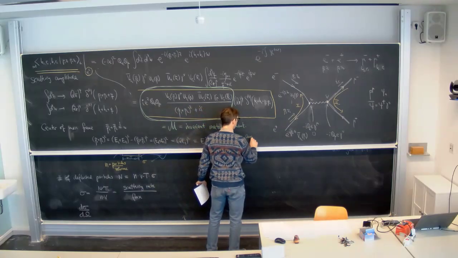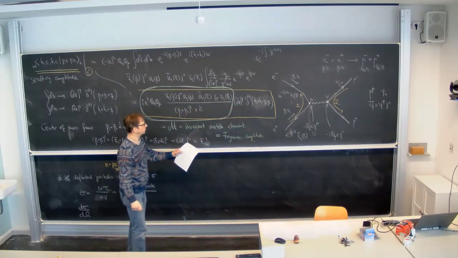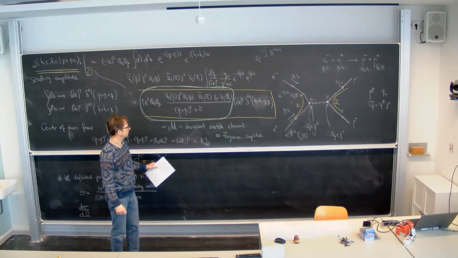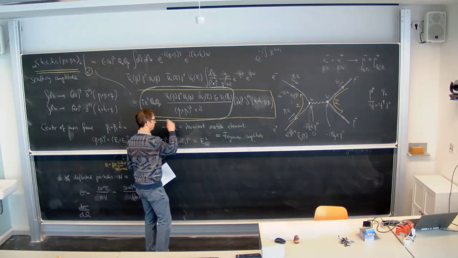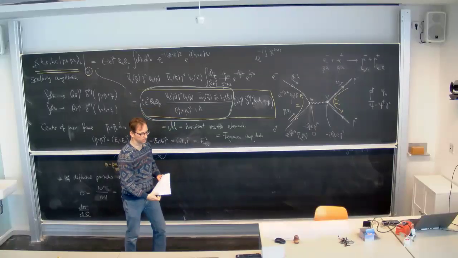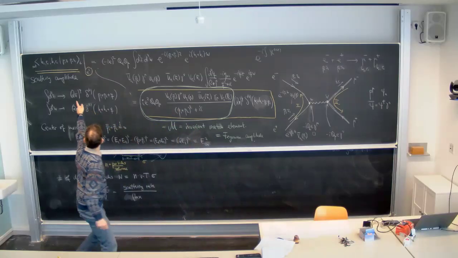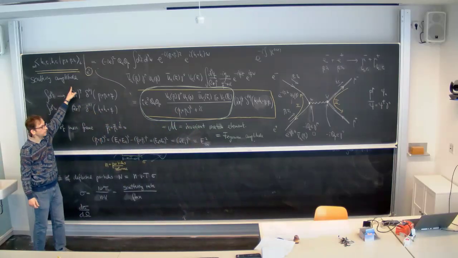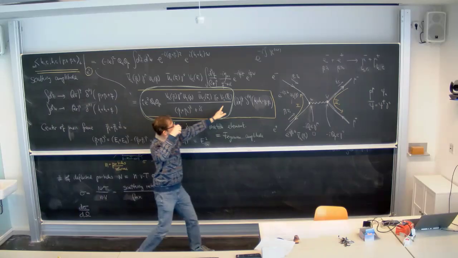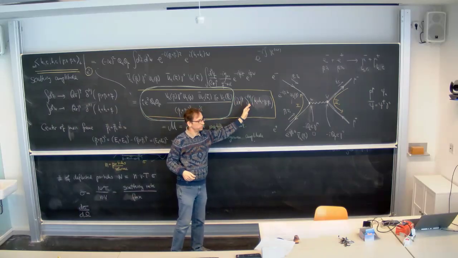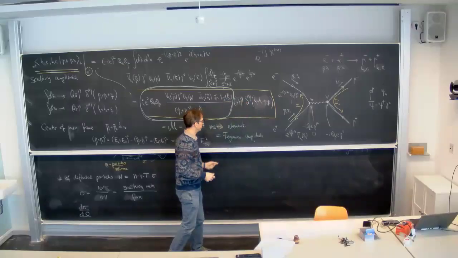Feynman M. It's called that because it's what the Feynman rules give you. So M is essentially our scattering amplitude, but stripped off this thing, and we stripped it off because we can square it. So we squared this by hand, and that'll be in there.